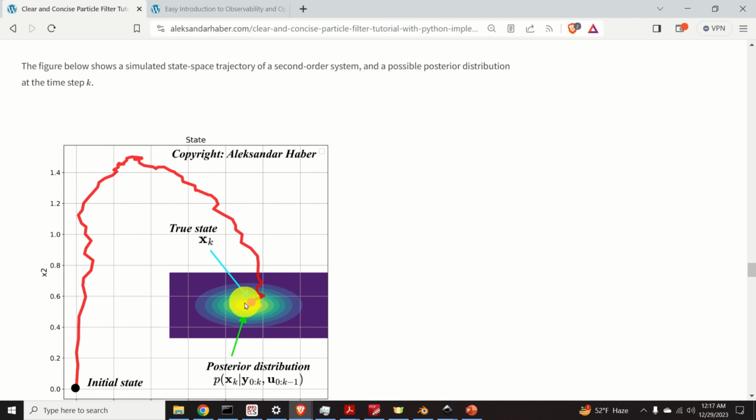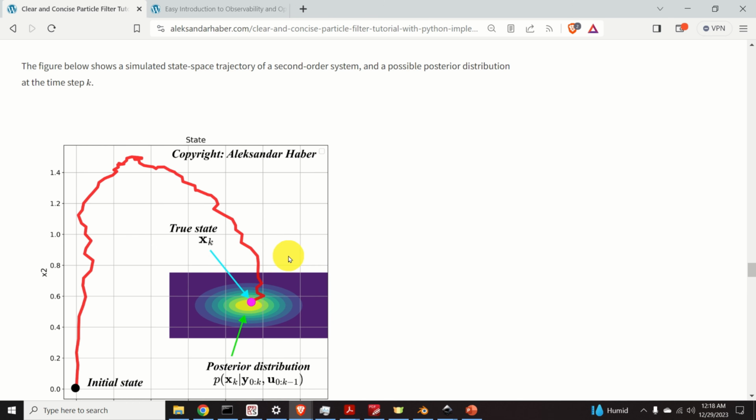This magenta circle represents the true state xk at the discrete time instant k, and the posterior distribution is given over here. The posterior distribution is represented by the contour plot. The colors represent the values of the probability density function.